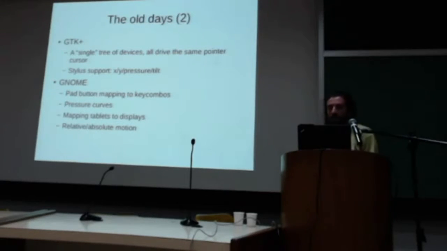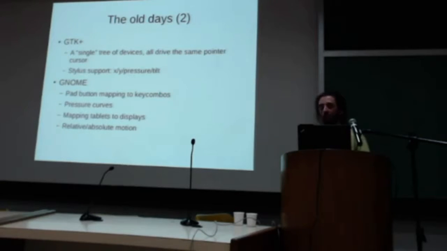In GTK, as I said, we started using Xinput 2, which provides, so to say, a single tree of devices which all drive the cursor. Xorg, the X server, is quite an old dinosaur, so it came around when mice were actually a brand new invention to deal with UIs.